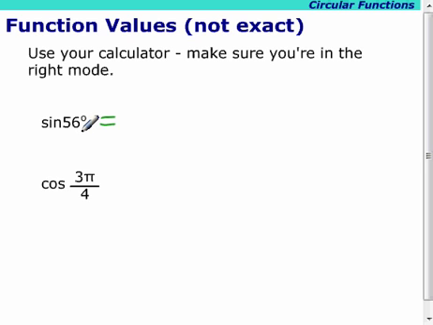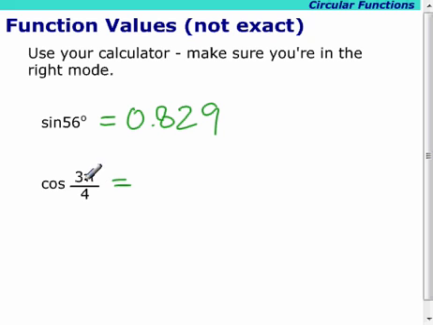Oh, I think I have my calculator in radians, so let me get that out too, and this would be something that you would go through as well. If I go to mode, yeah, I'm in radians. So I need to go into degrees. You'd have to do some similar thing. And when I hit enter, then I get 0.829. So if they're not looking for an exact one, I can just give them a decimal.